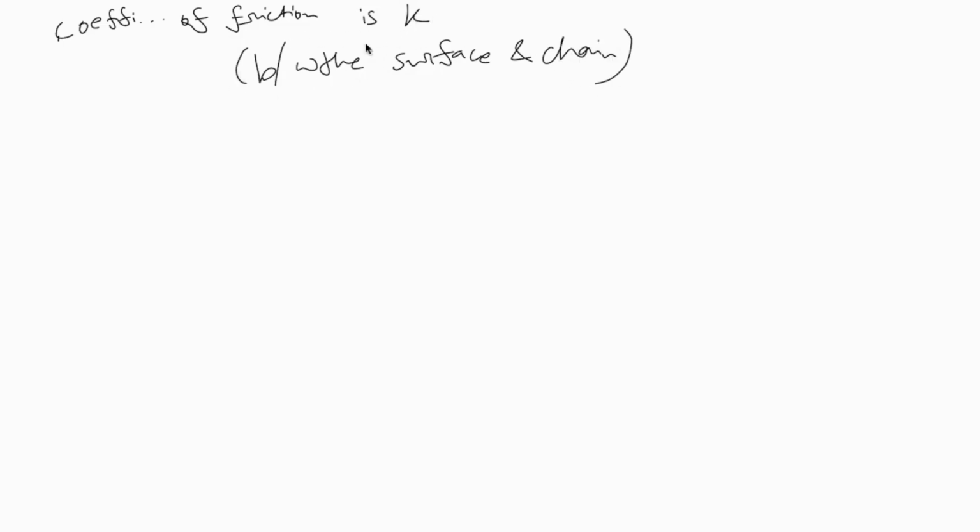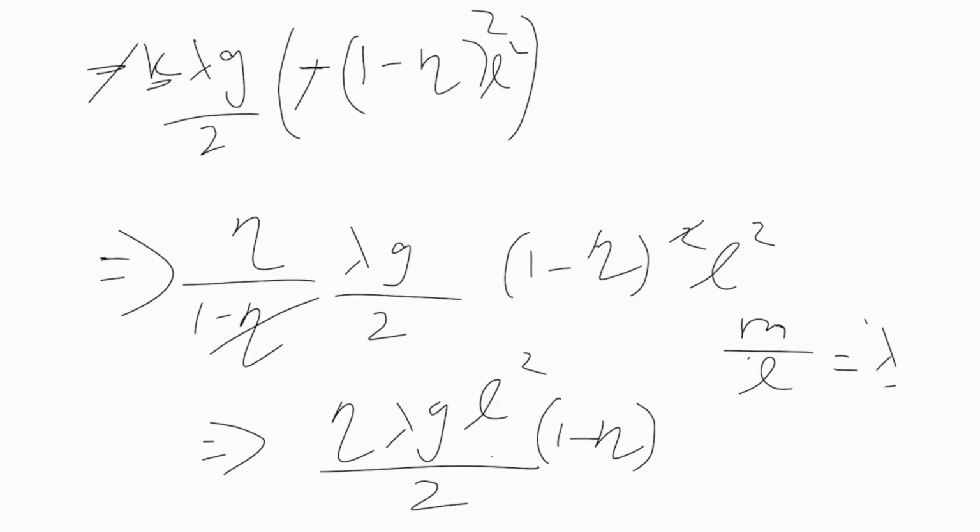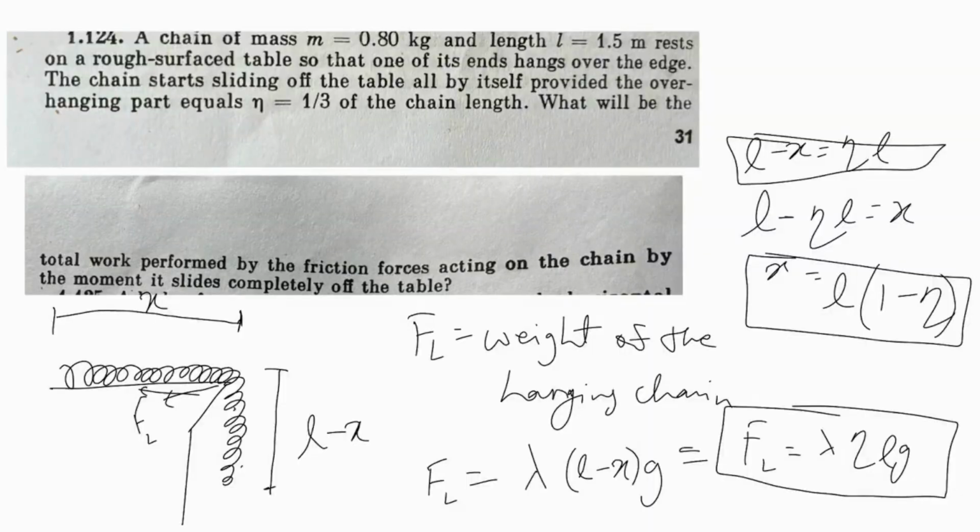So this is there. Now we know that FL equals eta times L, g and the lambda, right? But what is FL? FL is actually the limiting friction, which is given as k times lambda x into g, because x is the length of the chain actually present on the table, which is lying on the table.